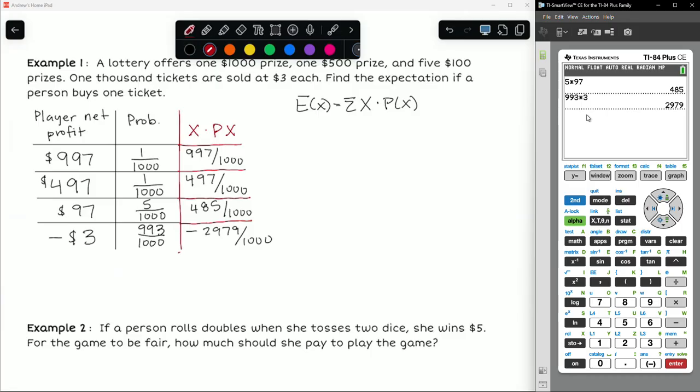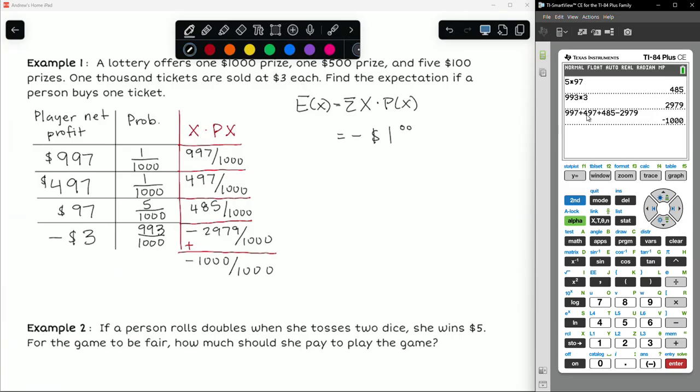So next thing I'm going to do, I'm going to add down that column. And since the denominators are the same, it's just the numerators that I'm adding. So I have 997 plus 497 plus 485 minus 2979. And I get negative 1000. And that equals negative 1.